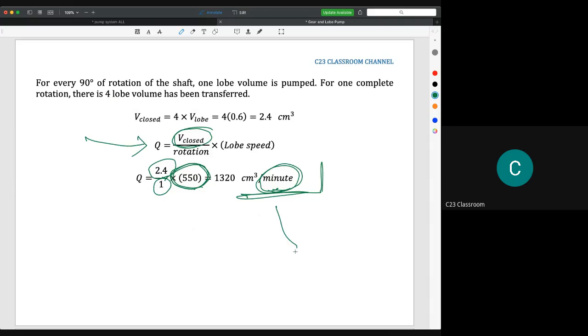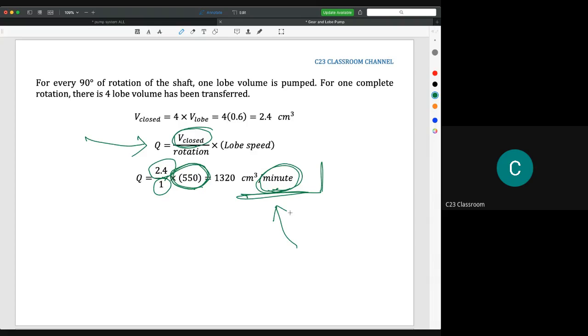So this is the idea of dimensional analysis. Previously in fluid mechanics 1, we learned about dimensions, time, and so on and so forth. We learned about units, so this is the importance of that idea. To know what the final unit in our calculation is, you must base it on the units that you use in your operation.